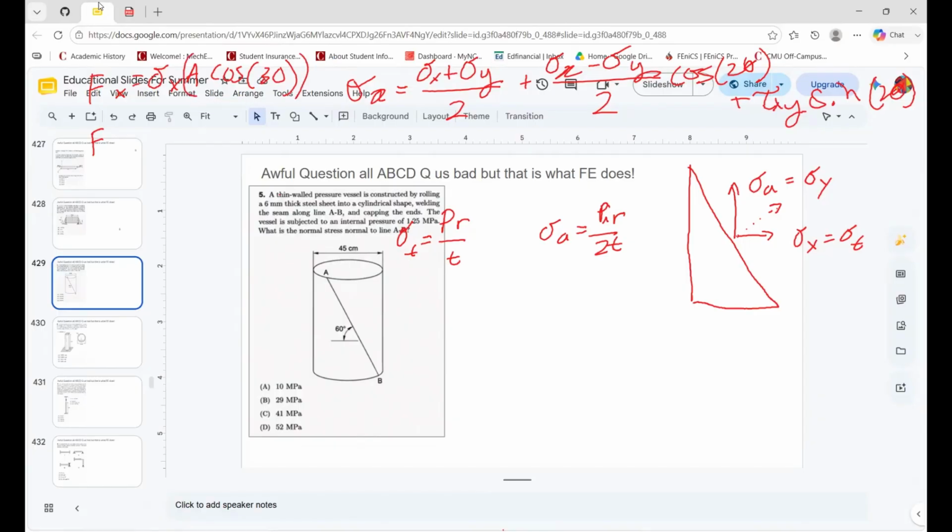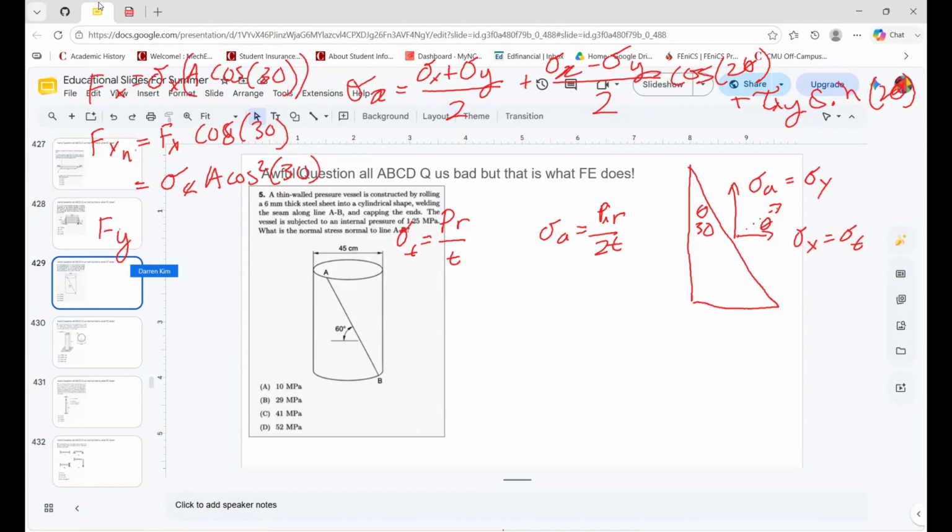It's the Fx direction, so cosine is correct because this angle over here is 30. You kind of get the gist of what I'm saying. With that said, Fxn equals basically Fx cosine 30 again. That makes it seem like there are two 30s, right? So it is equal to sigma x A cosine squared 30.